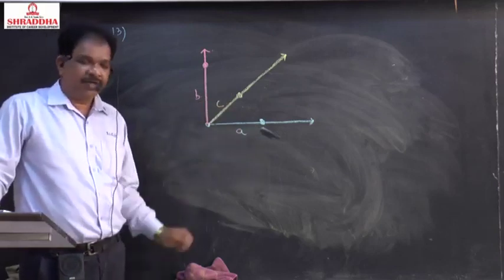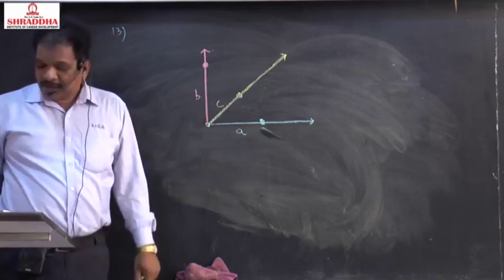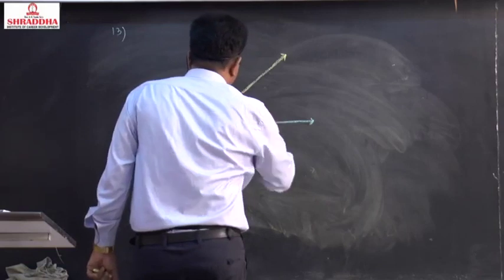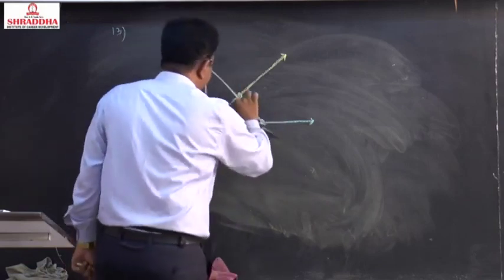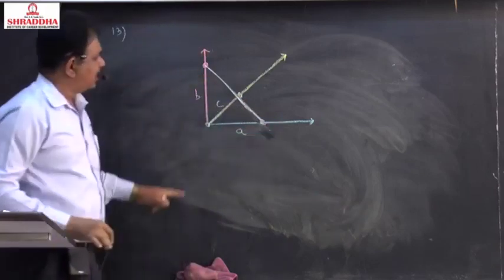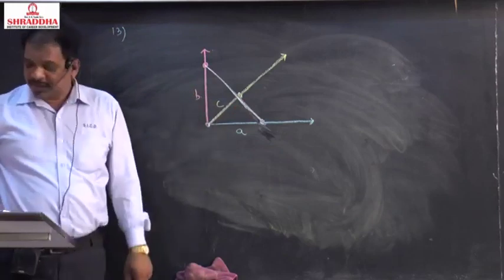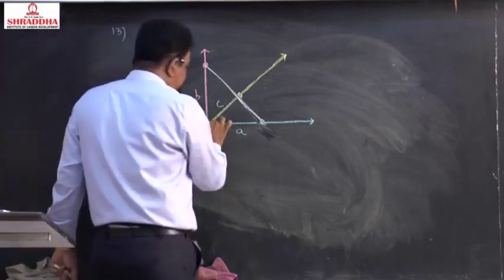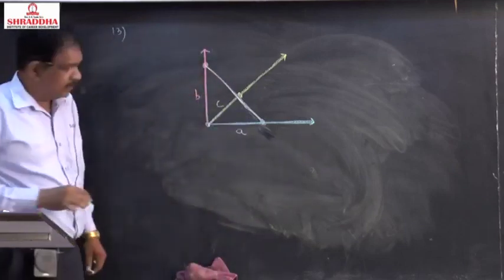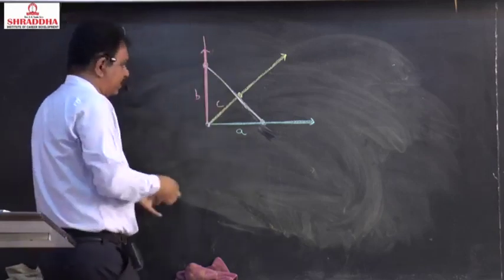To have that, what is the magnitude of c? Collinear means what will happen? All are lying in the same line. These three will lie in the same line at any time. Then what is the condition to be followed? That is the question. One particle A is going like this, another particle B is going this way, another particle C is going this way.